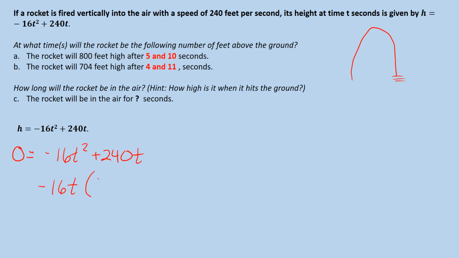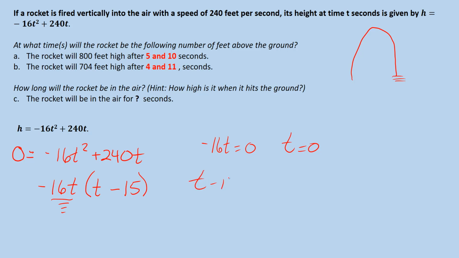So that leaves me with positive t minus, and 240 divided by negative 16 is still 15. So now I have negative 16t times t minus 15. Now this factoring out matters because there's a variable of t. So negative 16t, we set that equal to 0, and obviously t is going to be 0.